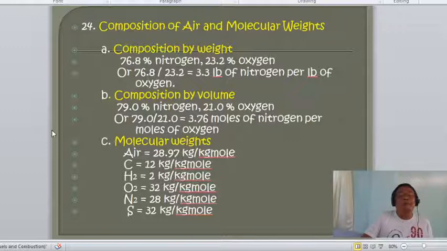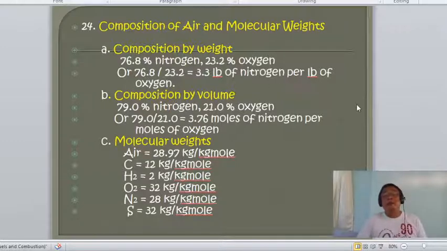For hydrogen, this is 1, multiplied by 2, that is 2 kilogram per kilogram mole. Another is oxygen, 16, times 2 is 32 kilogram per kilogram mole. And for nitrogen, we have here 14, multiplied by 2 is 28. And for sulfur, we have a value of 32.